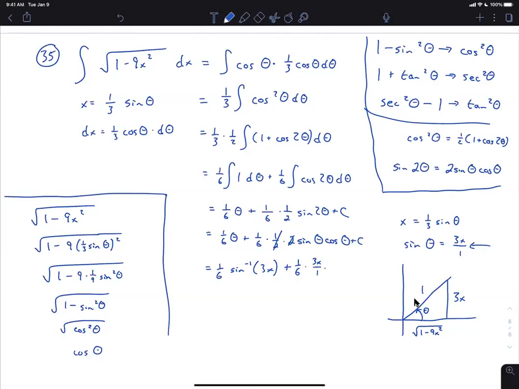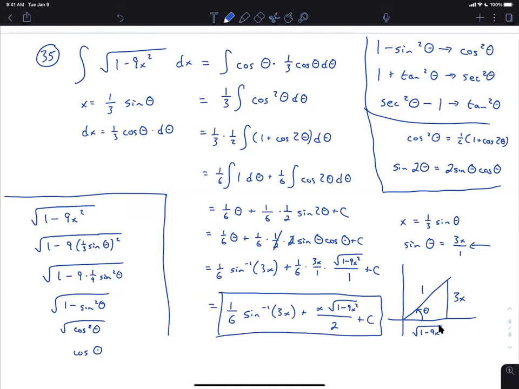Cosine is adjacent over hypotenuse, or x over r, so it's the square root of 1 minus 9x squared over 1. We can simplify this just a little bit. And so we get 1/6 inverse sine of 3x plus x square root of 1 minus 9x squared over 2 plus c, because the 3 cancels with the 6.